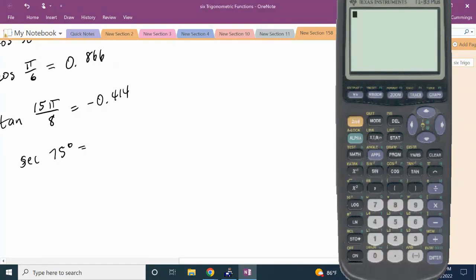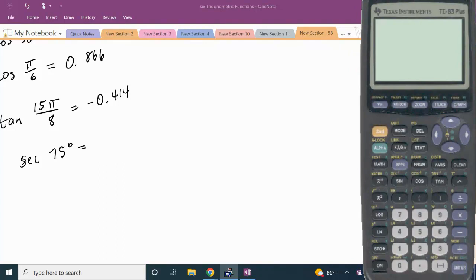Okay, now let's say we were asked to evaluate the secant of 75 degrees. In order to evaluate the reciprocal functions, we want to utilize the reciprocal identities. For example, the cosecant of some angle is equal to 1 divided by the sine of that angle.